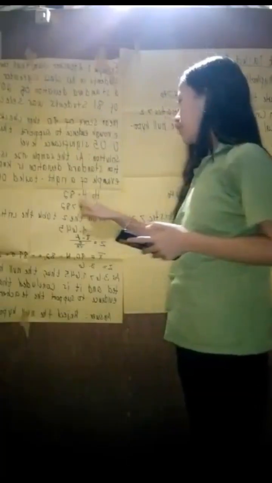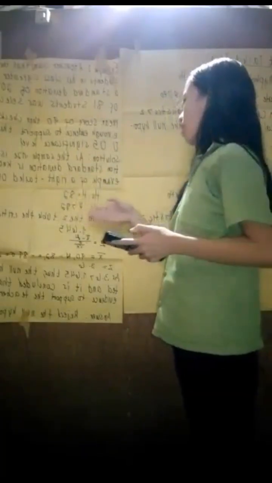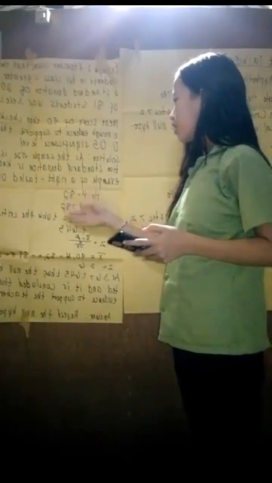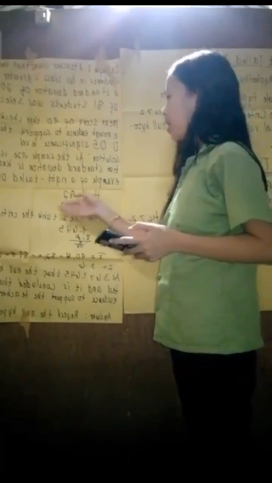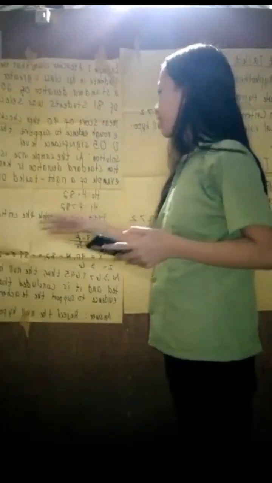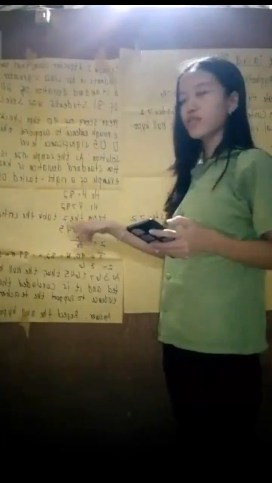H0: mu equals 82. H1: mu greater than 82. From the Z table, the critical value at alpha equals 0.05 is 1.645.